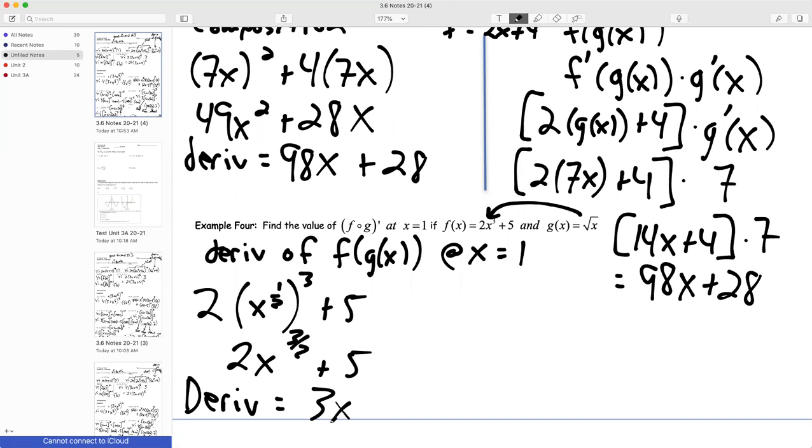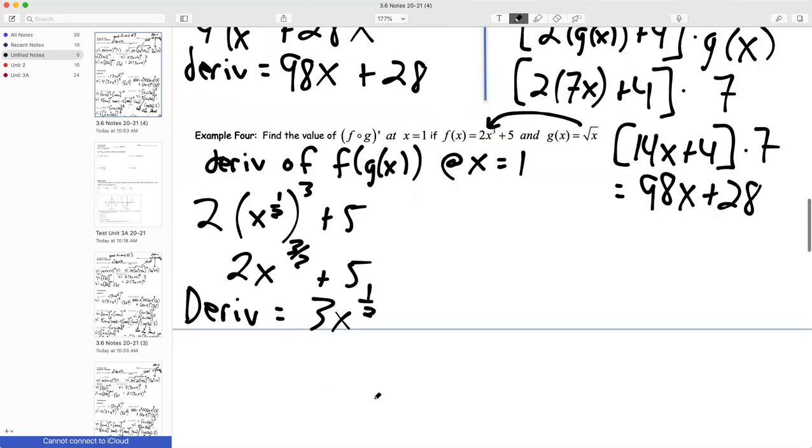And then I subtract 1. 3/2 minus 1 is 1/2. And derivative of 5 is 0. And they want me to evaluate it at x is equal to 1. So I've got 3 times 1 raised to the 1/2, which is 3.